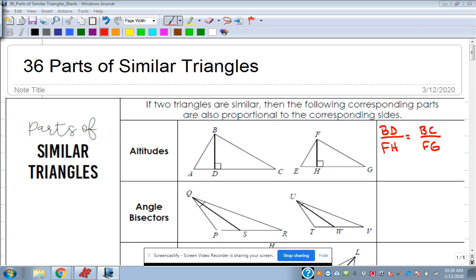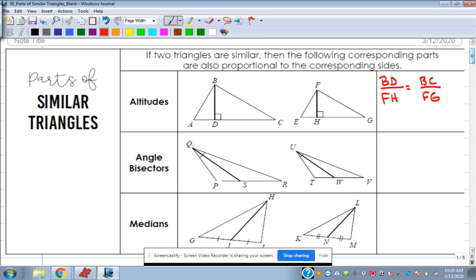All right, angle bisectors are proportional. Same kind of idea. The length of that angle bisector is going to create proportional things. So set up a ratio for that angle bisector. What would be the angle bisector for the first triangle?